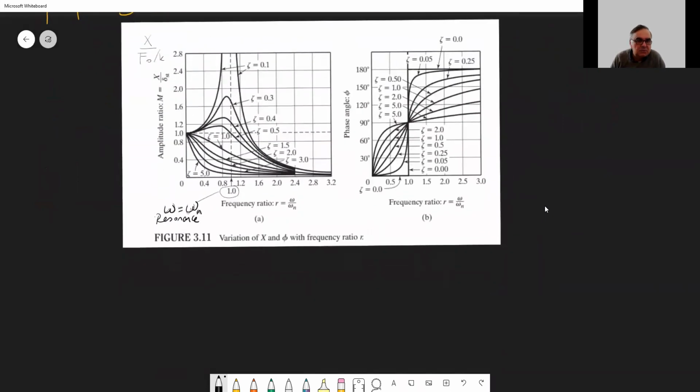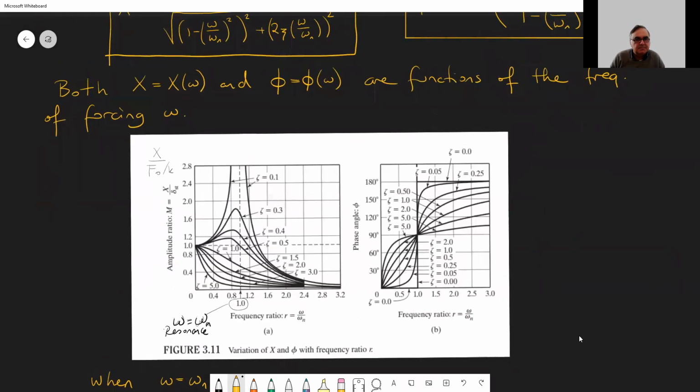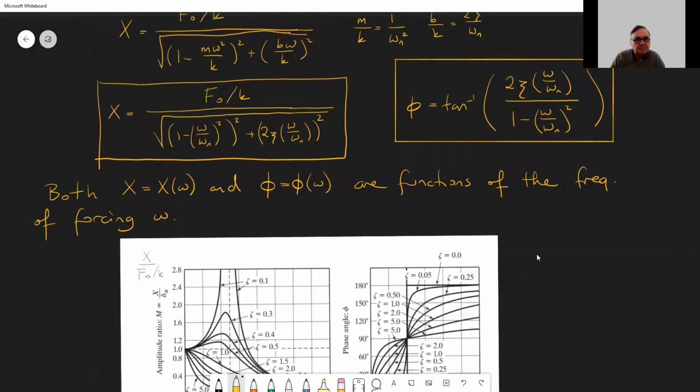Let me just show it to you here. When omega equals omega n, this is 1. 1 minus 1 is 0, 0 squared.